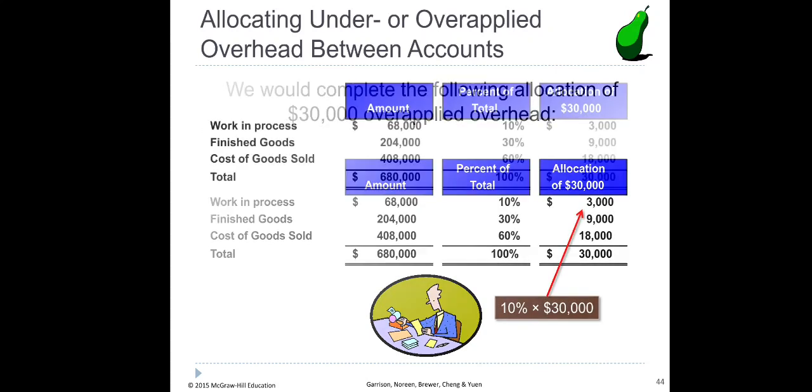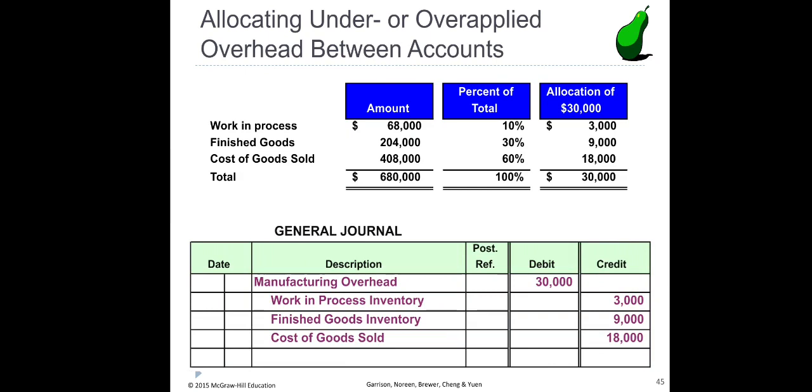You don't have to worry about this, but like I said earlier, if a question asks you how to record the over or underapplied overhead, then the answer is there are two methods, the methods that you have seen in the slide.